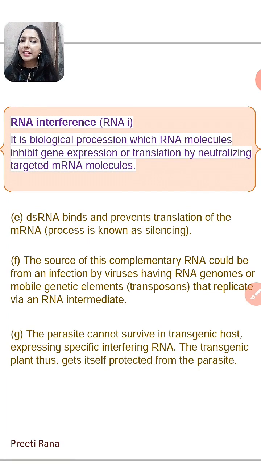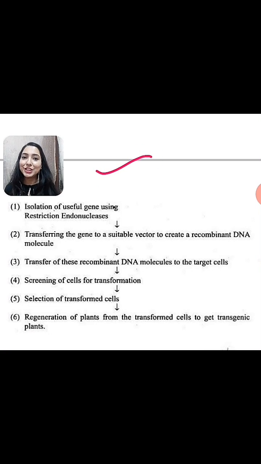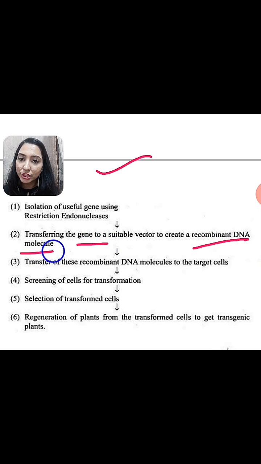As the parasite cannot survive in transgenic plants, whenever they attack any plant, they die off, and thus the plant is protected from the parasite. The flow chart here shows the production of transgenic plants. The first step is the isolation of a useful gene using restriction endonuclease enzyme. Second involves transferring the desired gene to form the recombinant DNA molecule.